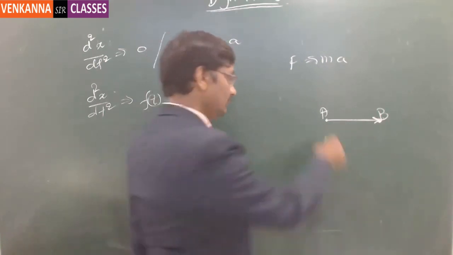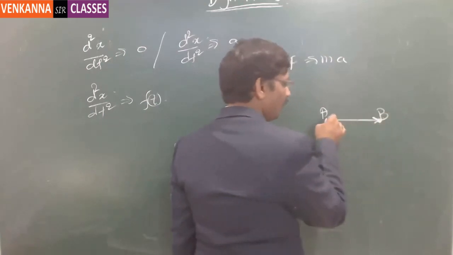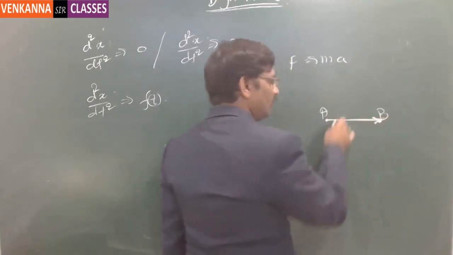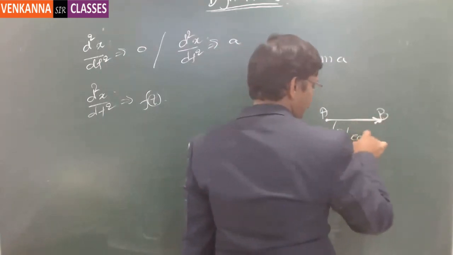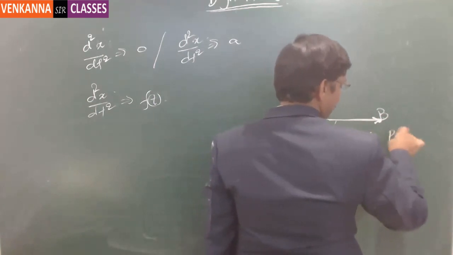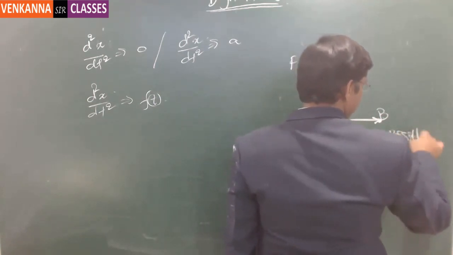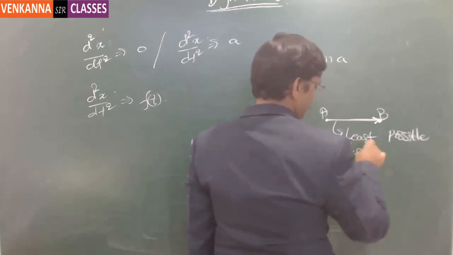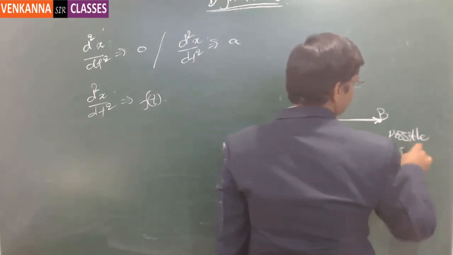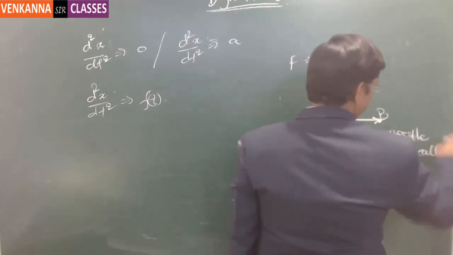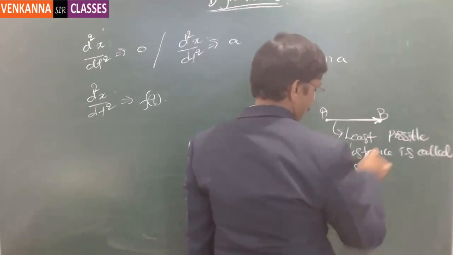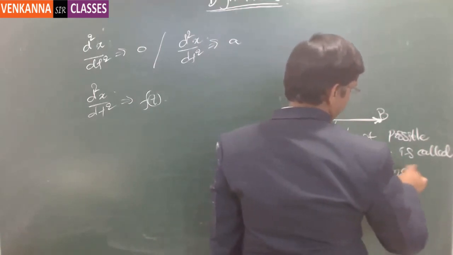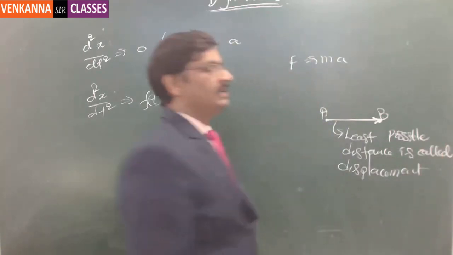From A to B, whatever line you can straight away draw, or the least distance path, is called displacement. So this is the displacement.